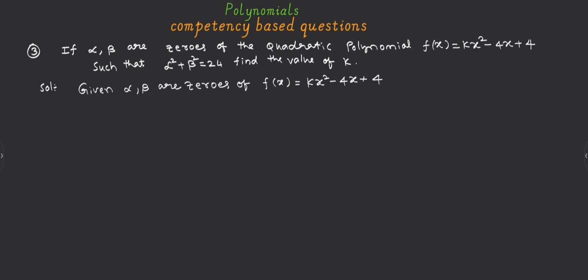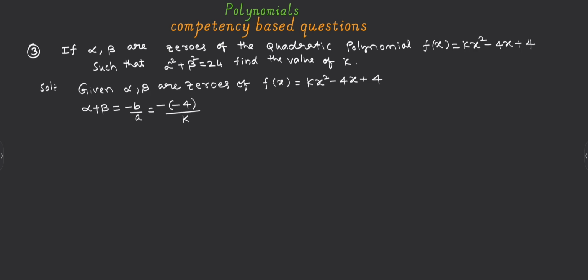So let us find the sum of zeros and product of zeros here also. Sum of zeros, alpha plus beta, is equal to minus b by a. Here b is minus 4, so minus of minus 4 by a, which is k.